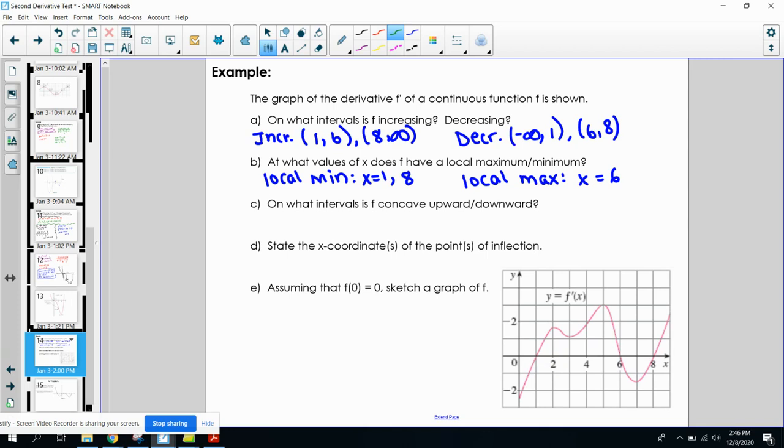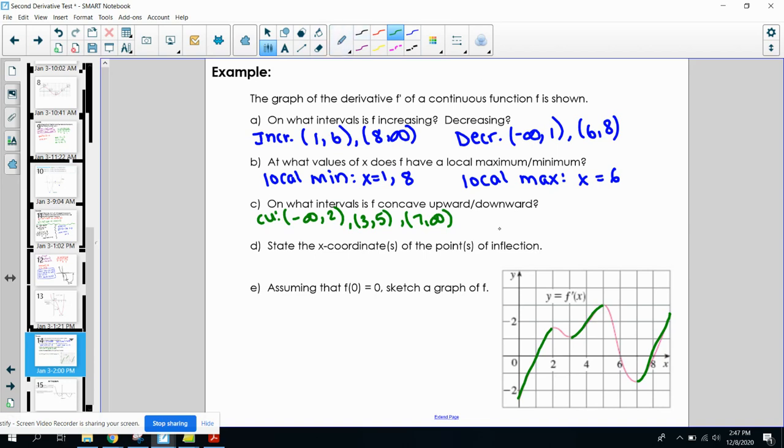So the slope is positive here, here, and here. I'll put CU for concave up, from negative infinity to 2, and then from 3 to 5, and then from 7 to infinity.